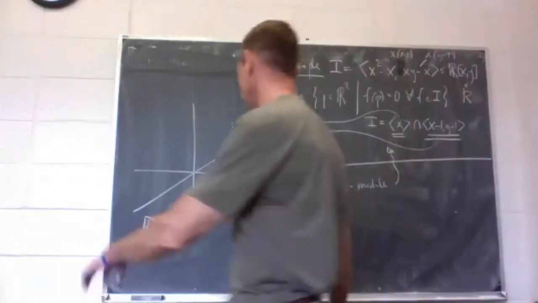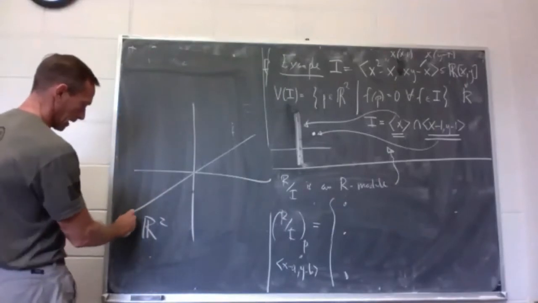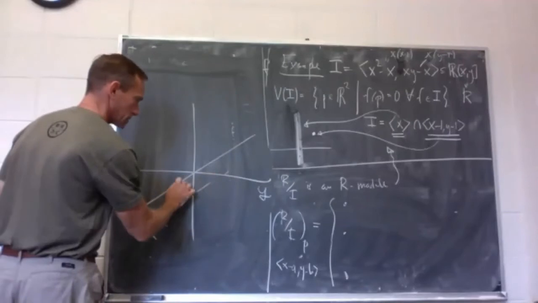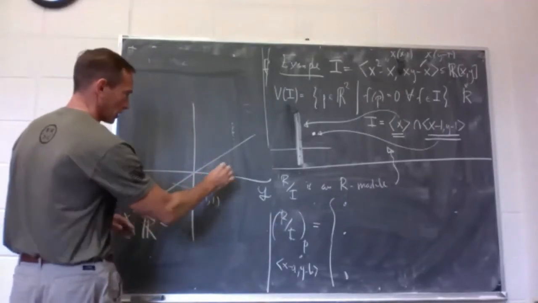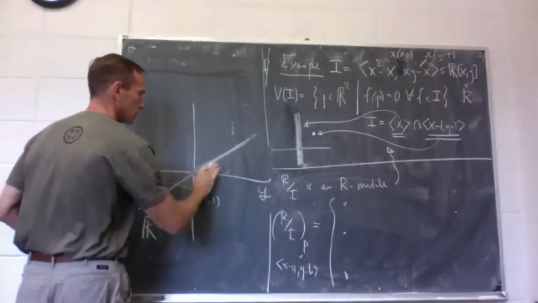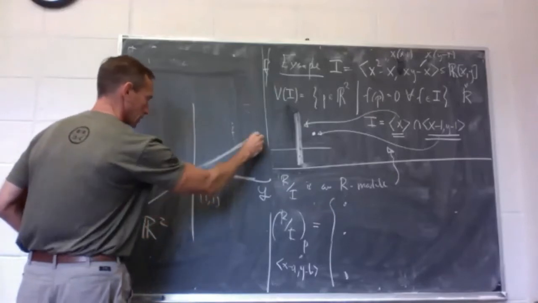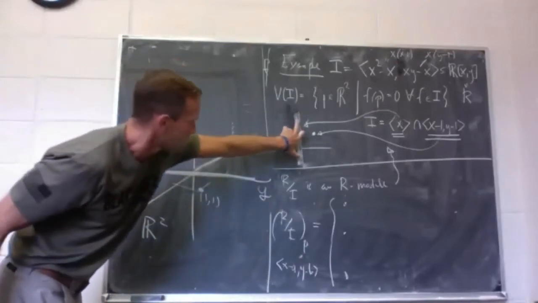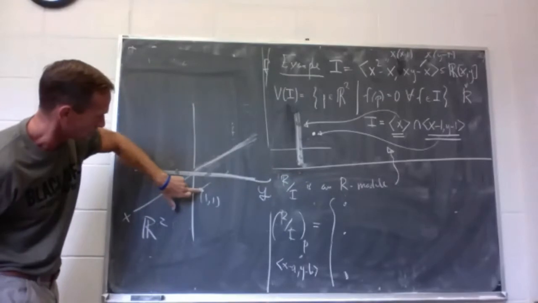So if this is my x-axis, this is the y-axis, I have two distinguished points. I have the distinguished point sitting here at (1, 1). And then I have all the interesting points that lie along, when x is equal to 0. When x is equal to 0, I'm lying along this, right? So that's this picture where I flipped it down here. So this has become this, and this point is now the point right here.